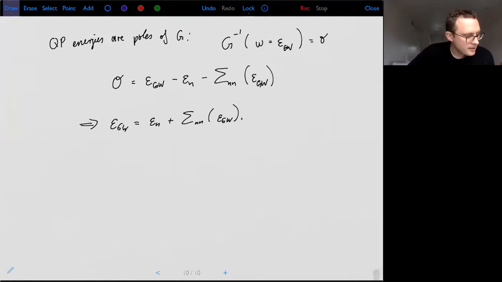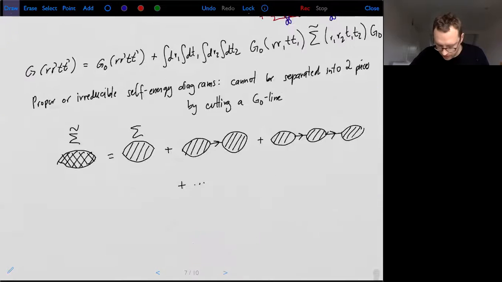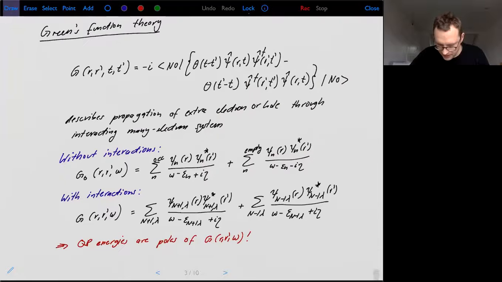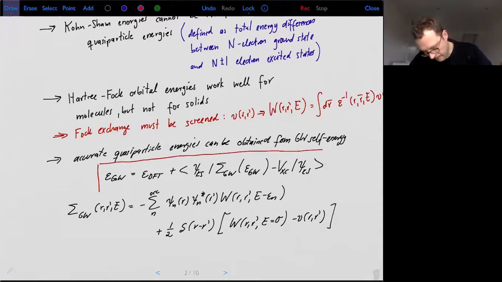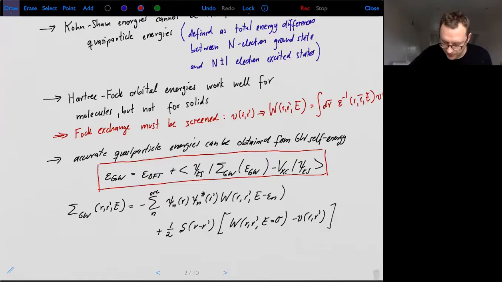All right. Now, this equation looks very similar to the equation that we encountered last week. Where is it? Here. It looks very similar to this one. But they're not quite the same, right? So what's missing is this exchange correlation potential.